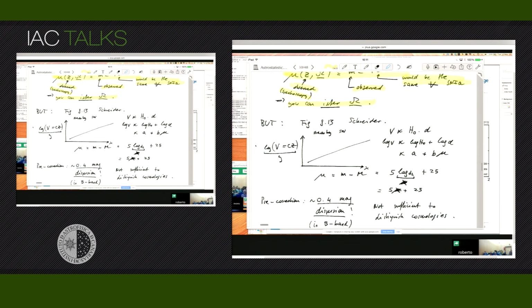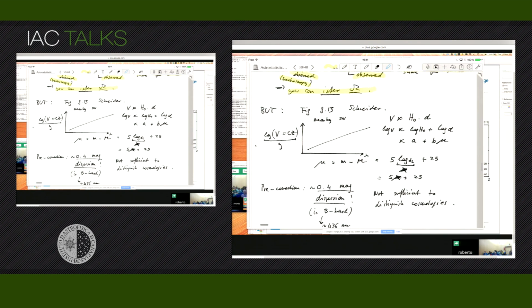But remember the Hubble law says that the recession velocity is proportional to H0 times the distance. So, if we log that relationship, we get that log v is proportional to log H0 plus log distance, which means that log v is proportional to a constant times a slope times mu, because log d is nothing else but the distance modulus up to the constant in front.